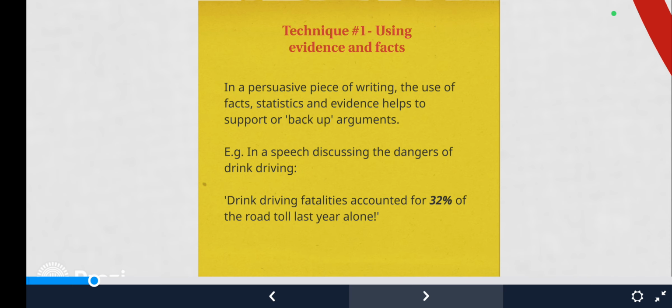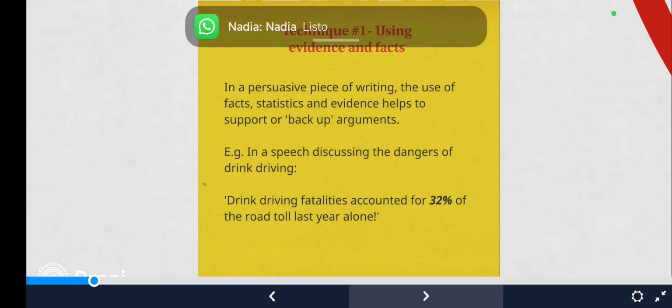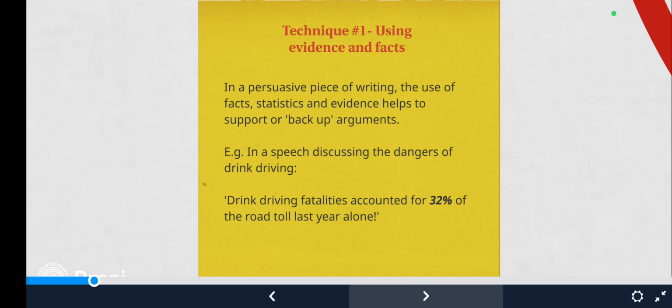And we can, for example, say the amount of people that have accidents if they drink and drive at the same time. This is a very important fact that they can take into account, and for sure, they are going to be aware of the situation.